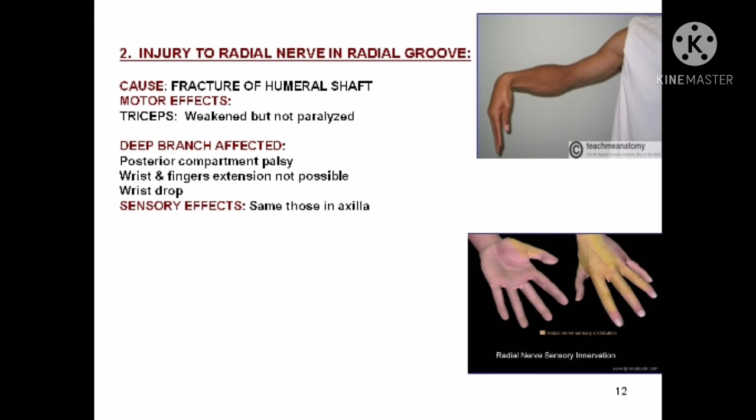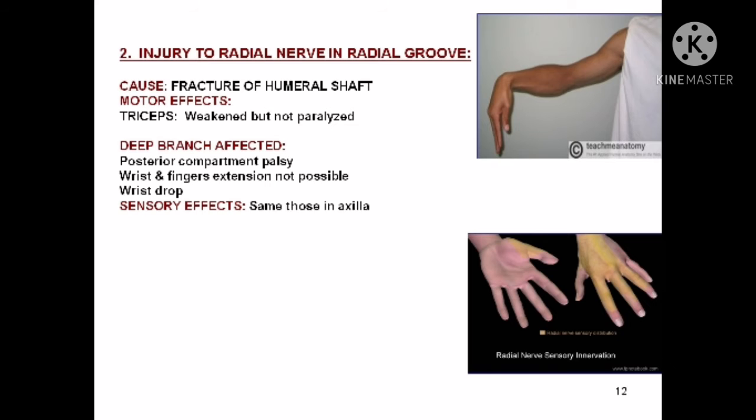The triceps is weakened but not paralyzed. Why? Because the short head of the triceps receives nerve supply from the radial nerve when it is passing in the axilla, so it is spared. The triceps is not paralyzed but only weakened. The deep branch is affected.